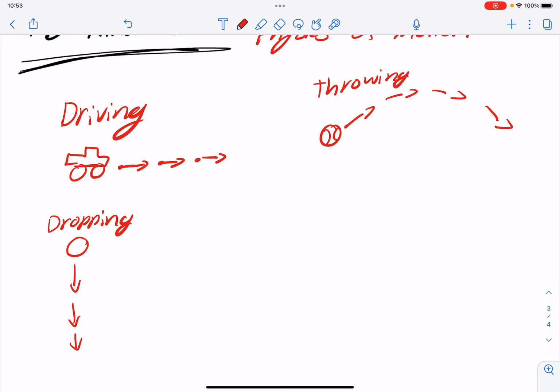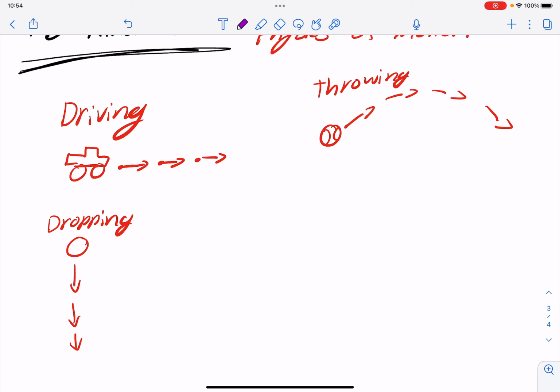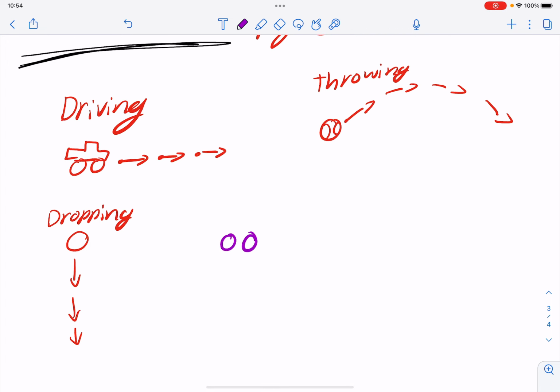So let's start off with motion maps themselves. Let's say that you're driving up to a Starbucks drive-thru, right? So you're going to go get your pumpkin spice. You're in your car.